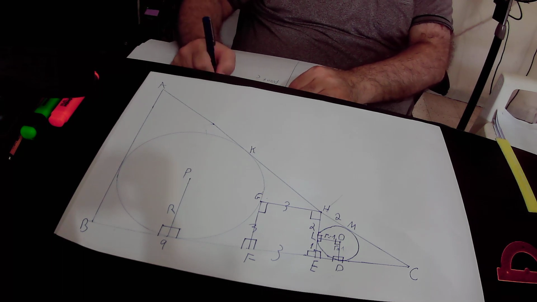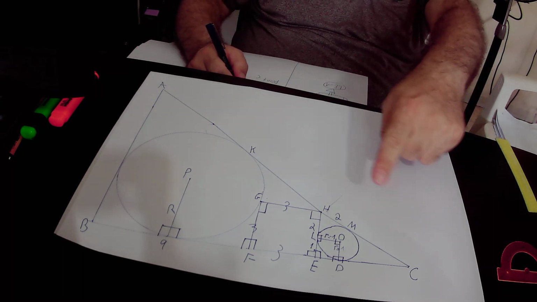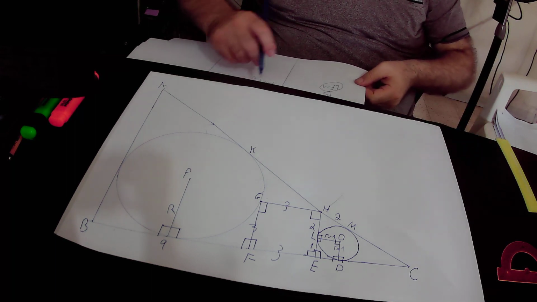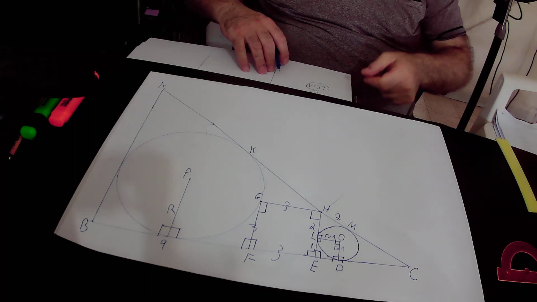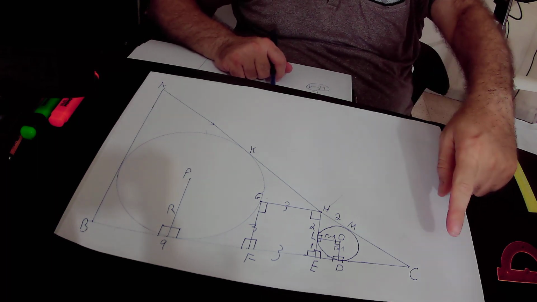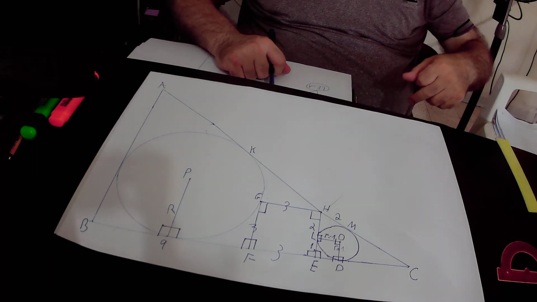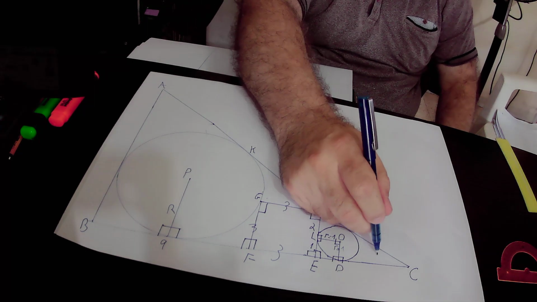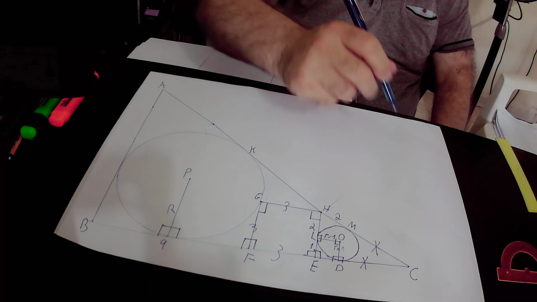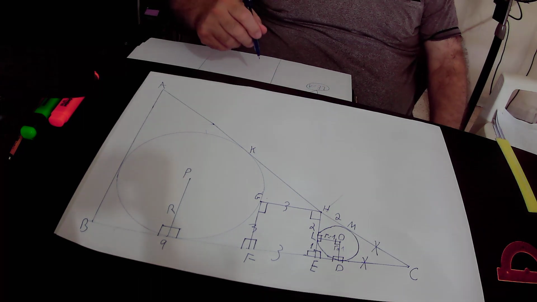We have tangent CM and tangent CD. And according to rule number 2, the lengths of those two tangents are equal to each other. That is to say, CM equals CD. So if we define CM as X, then CD must also be equal to X because they are equal to each other according to rule number 2.